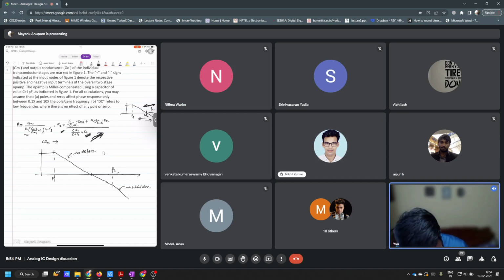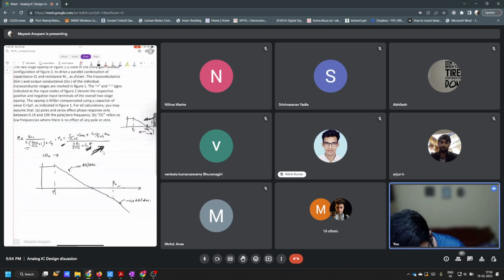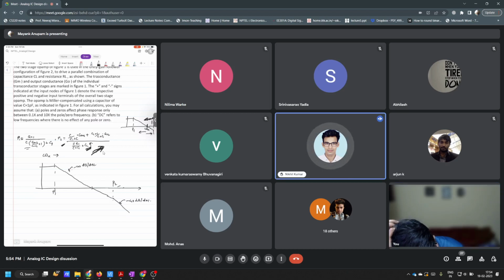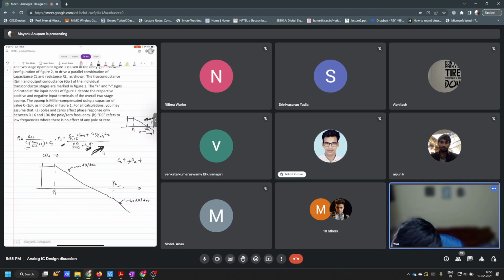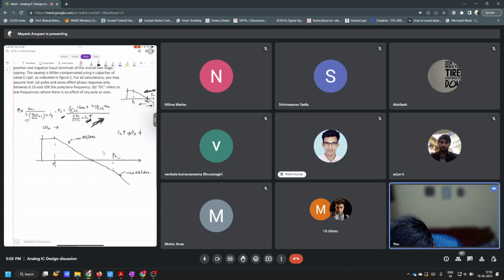And this P2, if capacitor CL increases, what happens to P2? What do you think? P2 will shift to the left side. Correct. If CL increases, P2 will decrease, isn't it? So if CL increases, then P2 will decrease. Let's say P2 comes to this point, okay?